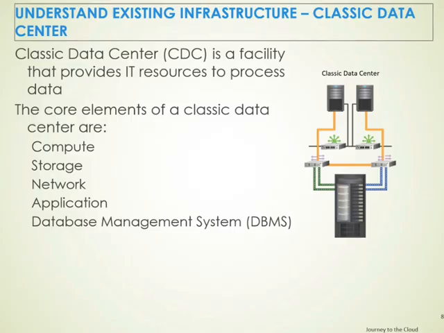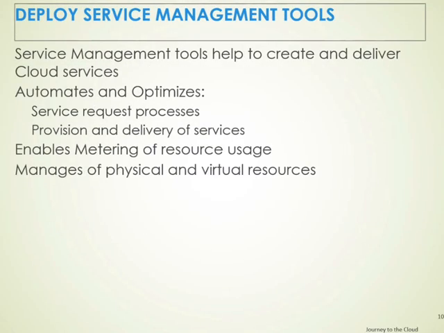Compute is a resource that runs application with the help of underlying computing components. Storage is a resource that stores data persistently for subsequent use. Network is the data path that facilitates communication between compute systems or between compute system and storage.